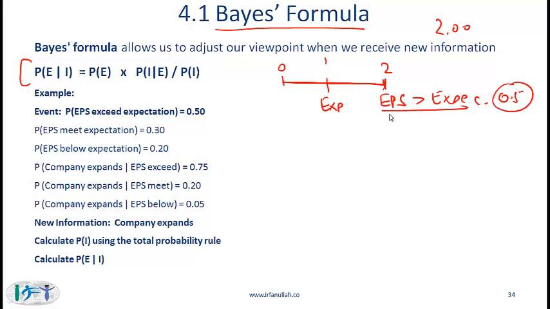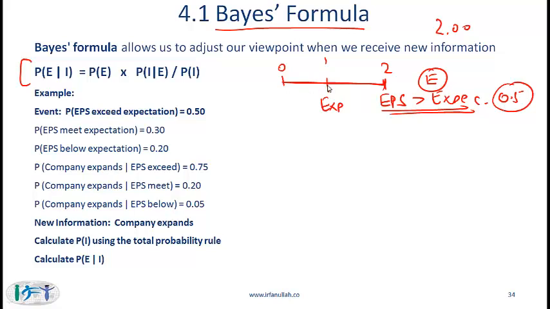This is our event. Earnings per share exceeding expectation is what we are calling our event, denoted by E in the formula. And the probability of this particular event, i.e. earnings per share exceeding expectation, let's say equals 0.5.